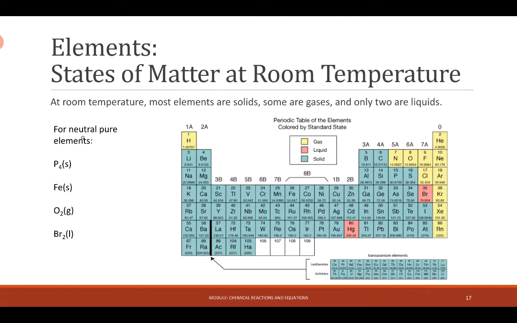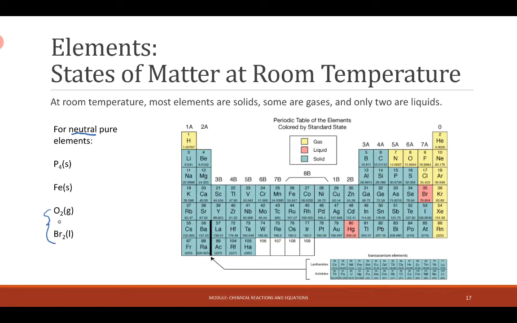So this works for any of the pure elements in their neutral form. So if you see a charge on it, it's an ion, not a neutral molecule or neutral atom. So pure phosphorus would be a solid. Iron would be a solid. Oxygen would be a gas, and bromine would be a liquid.